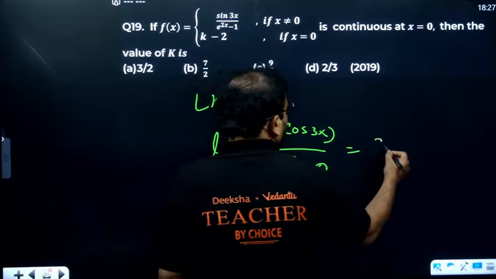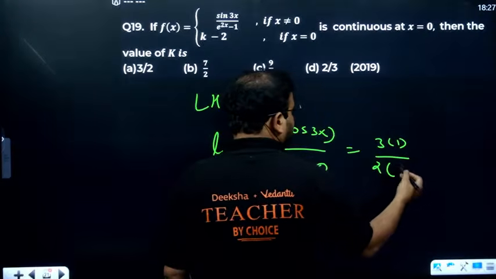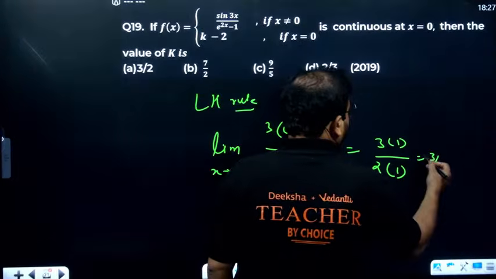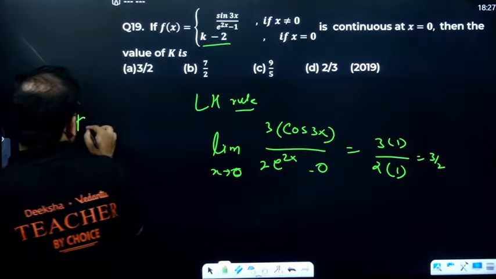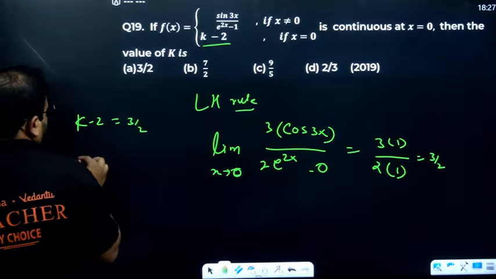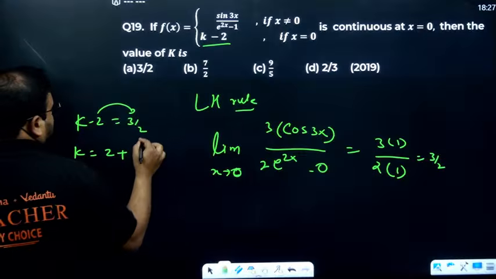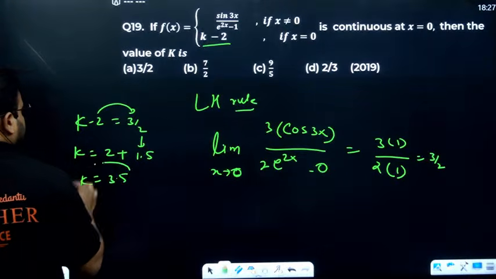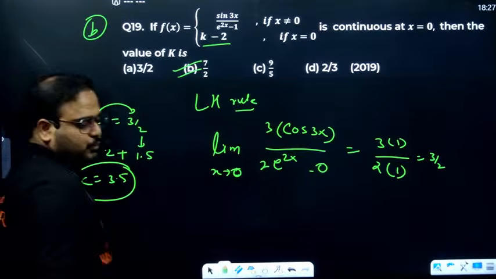Check: you'll have 3 times 1, since cos 0 is 1, upon 2 times e power 0, which is also 1. I get the answer as 3 by 2, and this should be equal to K minus 2. So K minus 2 is equal to 3 by 2. K is equal to 2 plus 3 by 2, which is 3.5. That means 7 by 2.